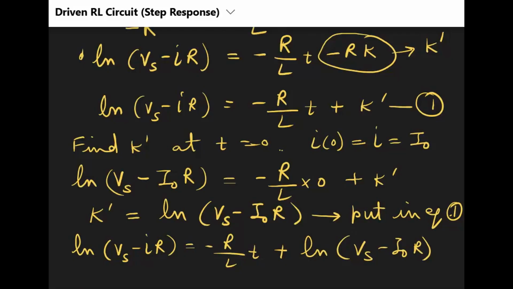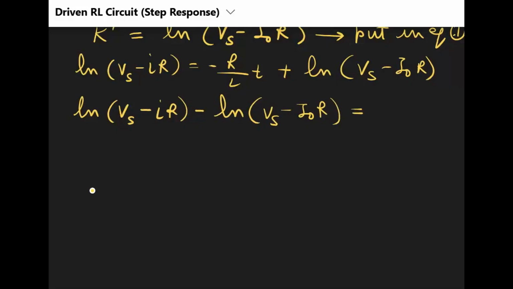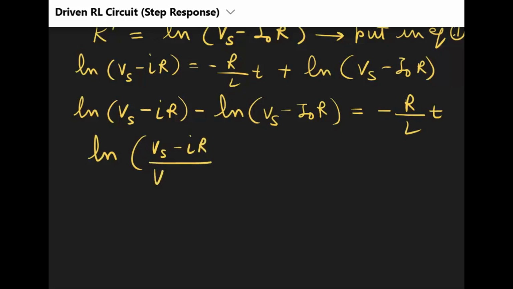Again, take the log terms on one side: ln(Vs minus iR) minus ln(Vs minus I0 R) equals minus (R by L) t. Because in logarithmic algebra, if two logs are in subtraction, we can write them in division form: ln of (Vs minus iR) divided by (Vs minus I0 R) equals minus (R by L) t.